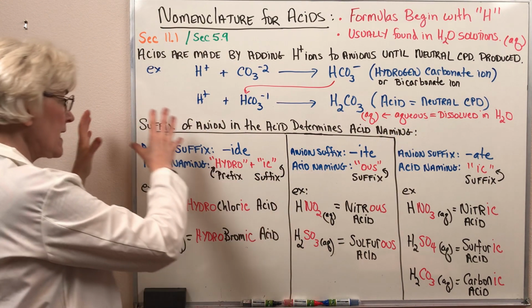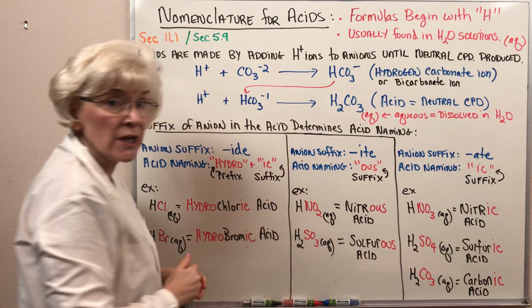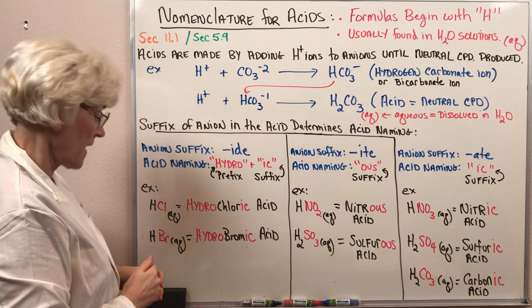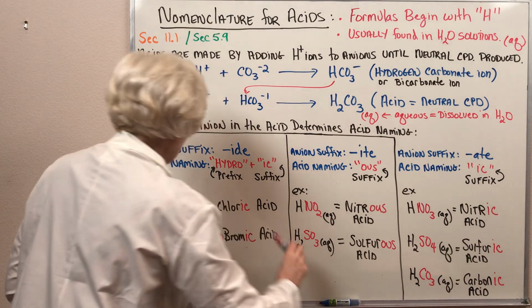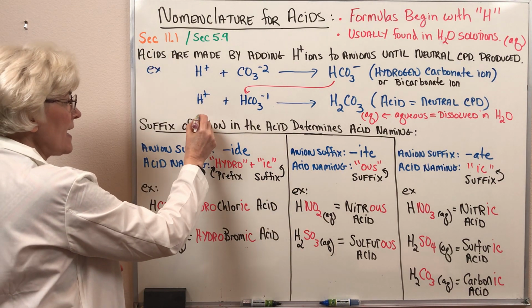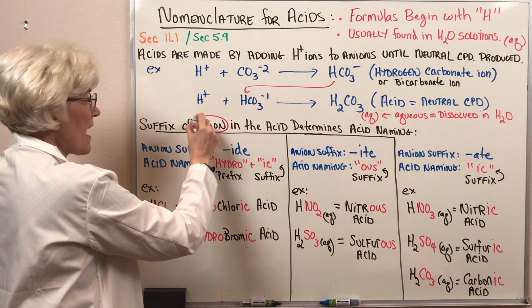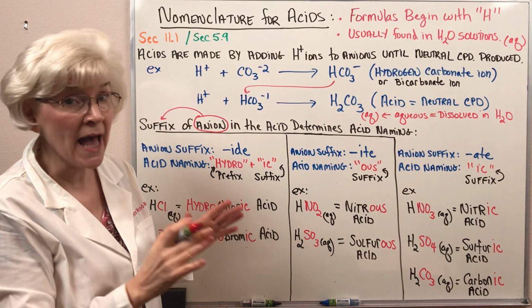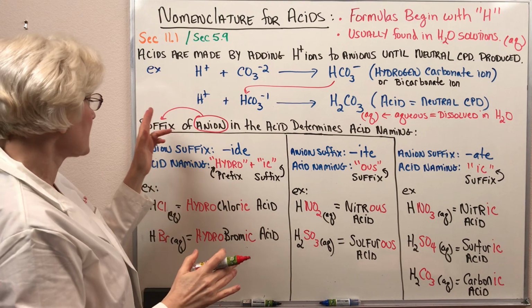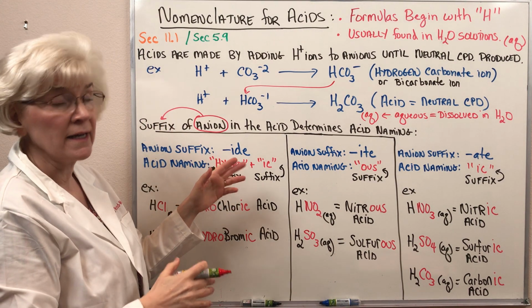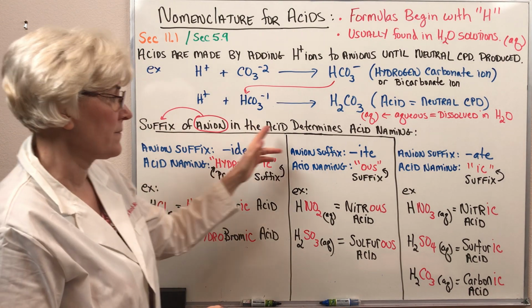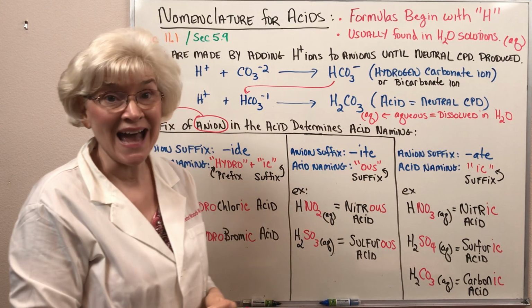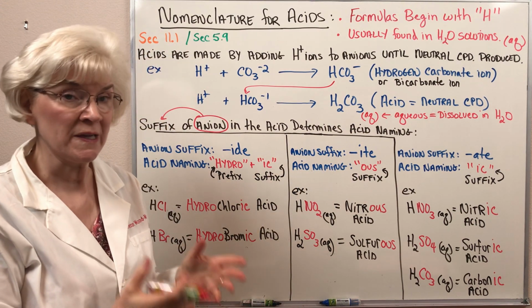Here is the key idea when you look at naming an acid. You have to be able to identify the anion present in the acid, and you have to be able to properly name that anion. And it's the suffix ending of the anion name that determines how the acid itself will be named.